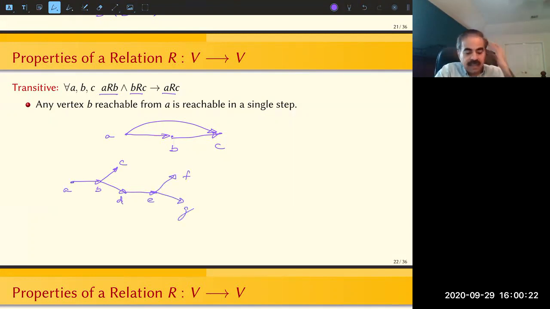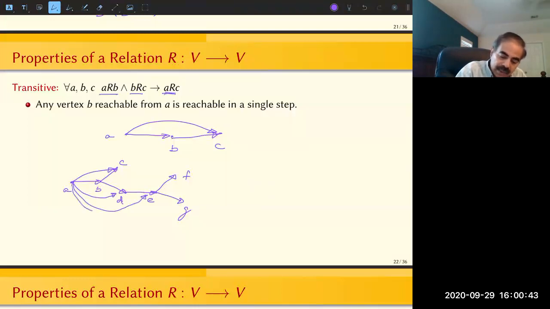So if this relation were transitive, then we must have all these additional edges, right? Because you can go from A to B and then B to C, therefore I must have an edge from A to C. Similarly, I must have this edge, that edge, that edge, and that edge.